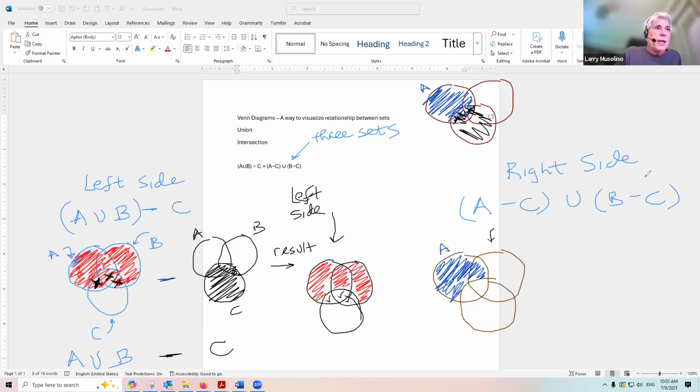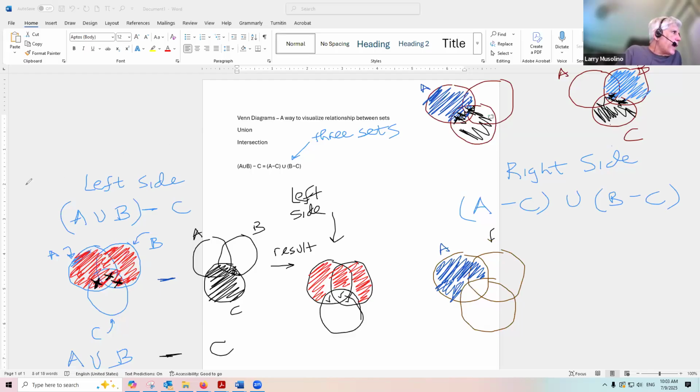All right, let me do the same thing now for B subtract C. Here's A, B, C. B is, of course, this circle, but I want to subtract the regions from set C. Here's set C. That means I want to delete this region and this region because of the subtraction.